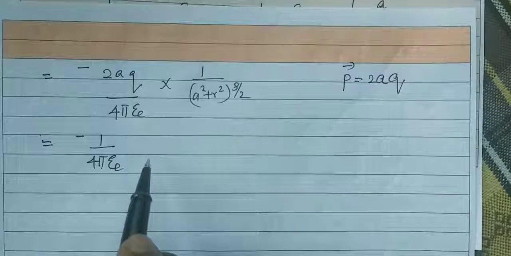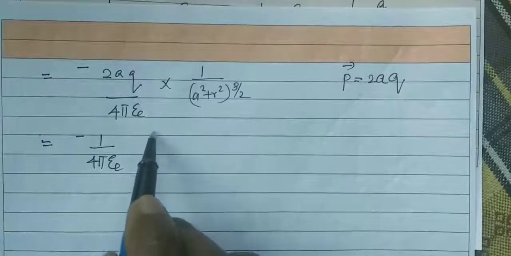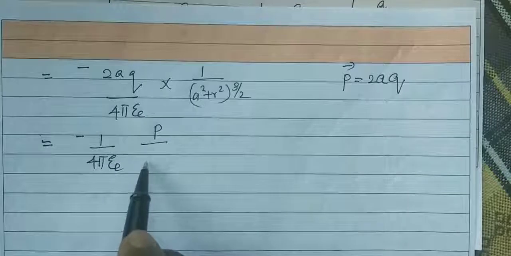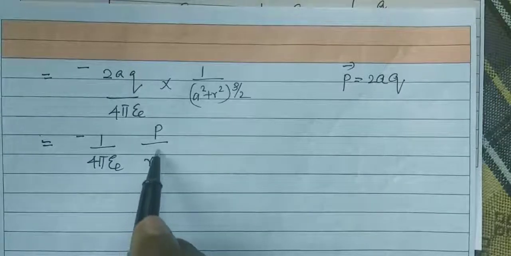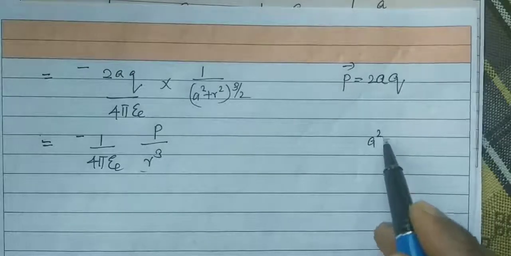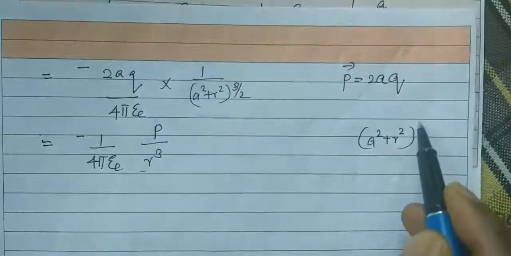If you are writing in magnitude, you need not write minus. So p divided by a square plus r square raised to 3 by 2, I can write as r cube. Why is it r cube? Because of the same approximation that we took in the previous derivation.